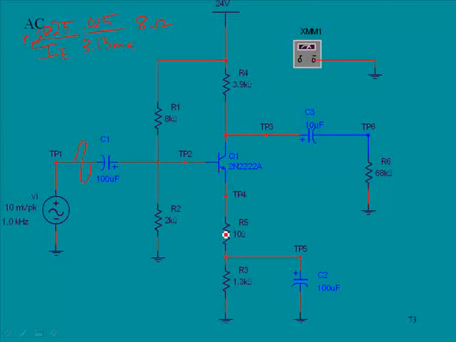Now the problem is that RE prime is subject to the variations in beta, and because of that, this is not a terribly accurate value. It's in the ballpark, but it's not extremely accurate. And when we calculate the total gain, this will cause it to be a little bit off. Now what we do here is the larger the component that you place here, it tends to swamp out those variations, hence the term swamping component.